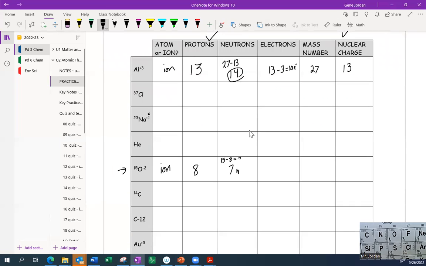Now, the number of electrons should equal the number of protons for a neutral atom, but we notice here that it has 2 negative charges, a magnitude of 2. That means 2 electrons were added. So I have to add 2 electrons. That gives a total of 10 electrons because it's 2 overcharged. The mass number is already given to us. It's 15. Its nuclear charge never changes. It's the same number as its protons.